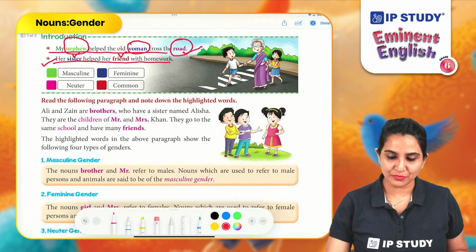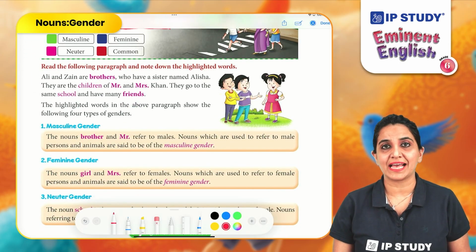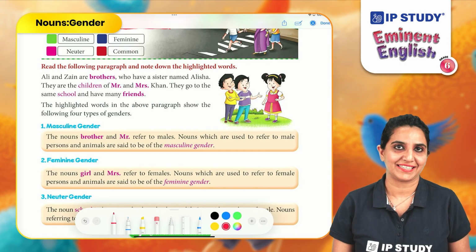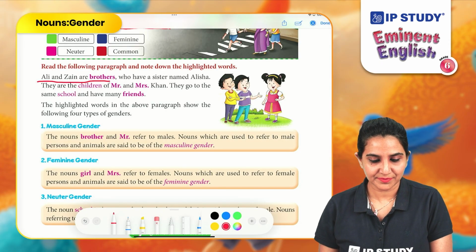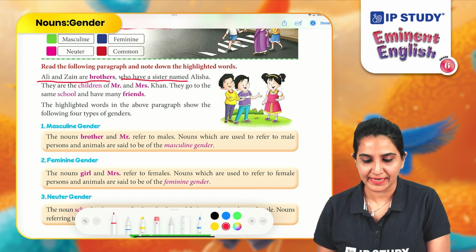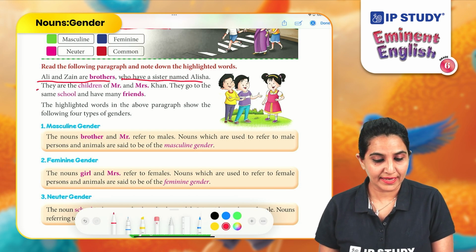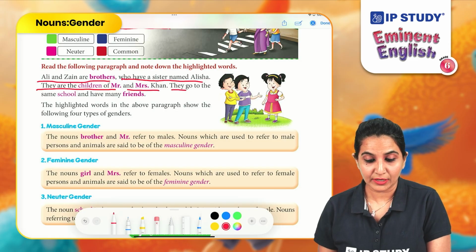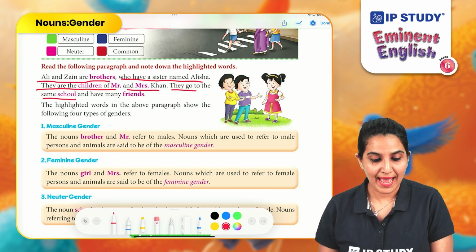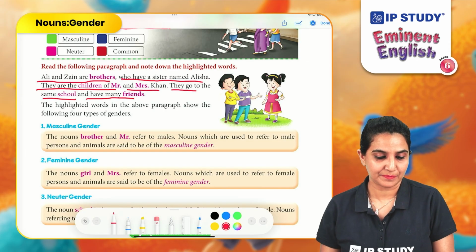Let us read one paragraph and understand each of these genders in detail. Ali and Zain are brothers who have a sister named Alisha. They are the children of Mr. and Mrs. Khan. They go to the same school and have many friends.